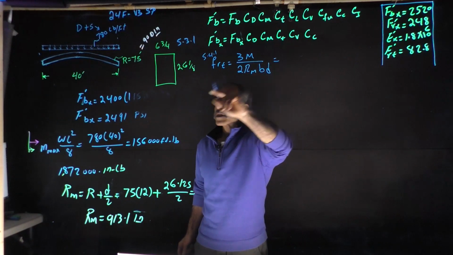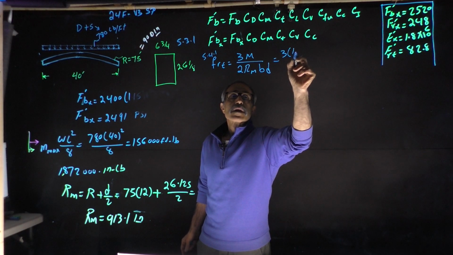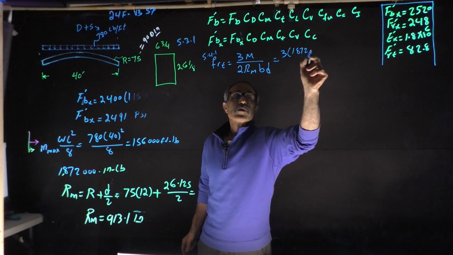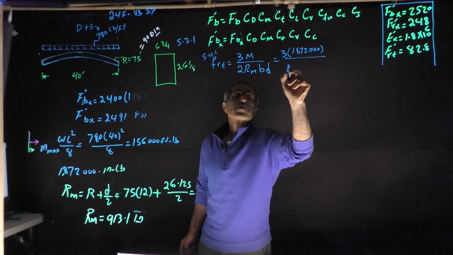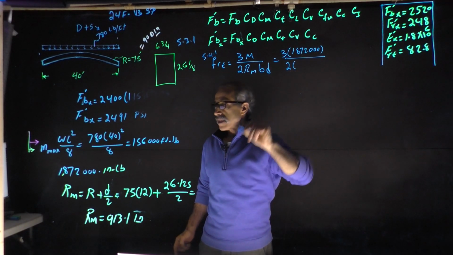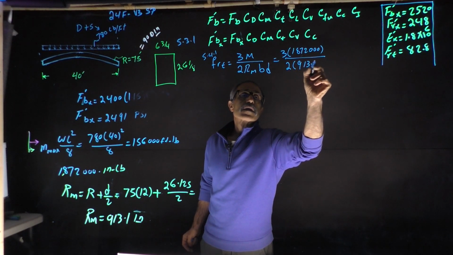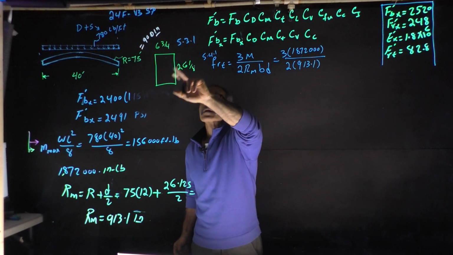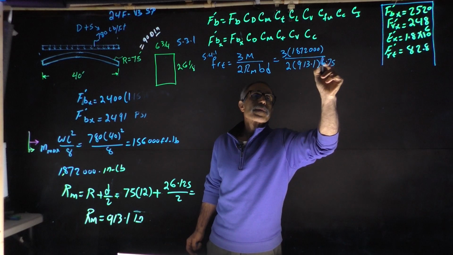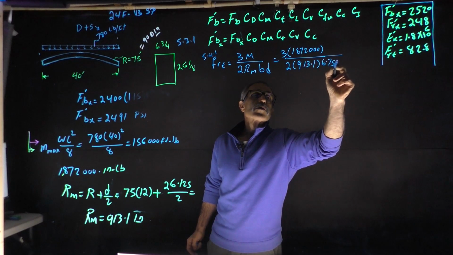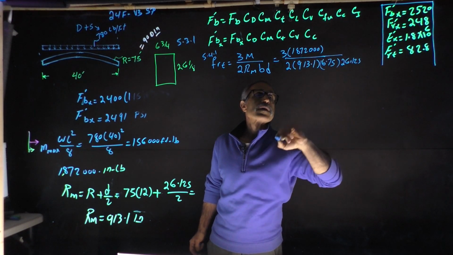Let's plug in the numbers. We have the maximum moment, 3 times 1,872,000, divided by 2 times RM, 913.1, times B, which is 6.75, and D, which is 26.125.